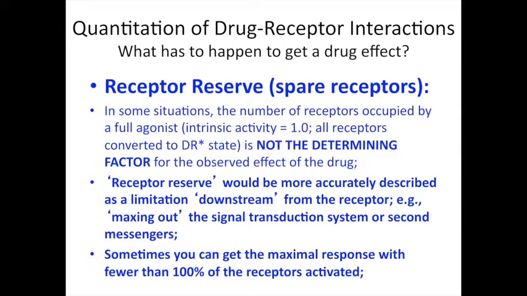So in the case of spare receptors, a partial agonist, a drug that has an intrinsic activity of less than 1, let's say 0.5, can in some situations give you as big an effect as a full agonist. It's not because it has a different intrinsic activity. It's not because its intrinsic activity has changed.